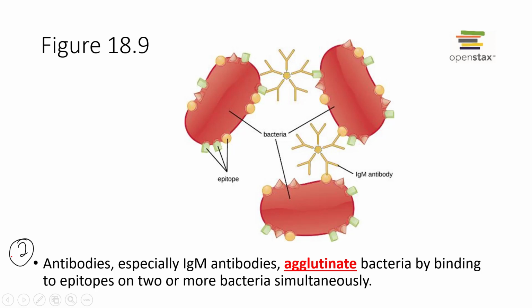So it's binding to more than one bacteria at a time, and even sometimes more than one epitope at a time. Agglutinate just means to clump. So it's making a big clump of bacteria, grouping them together so they can't migrate through the body.